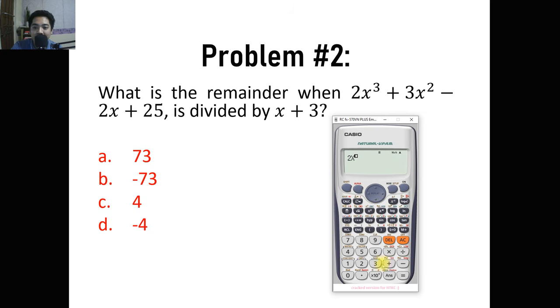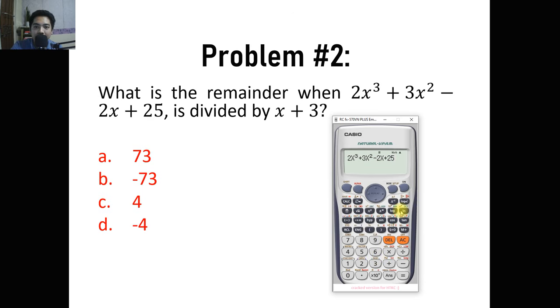So we input 3. Then we have plus 3 alpha x, and click x squared so that the exponent becomes squared. Then minus 2 alpha x, plus 25.